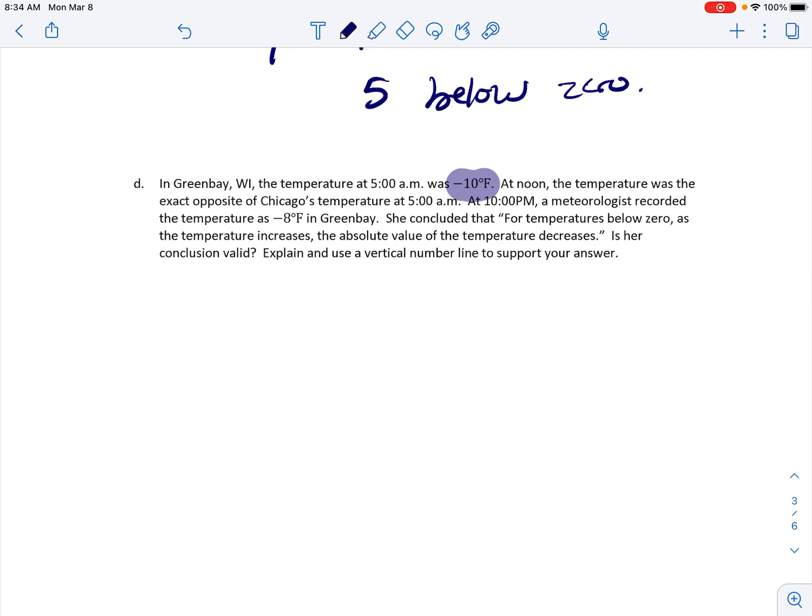Okay, so at 5 a.m. in Chicago, it was 9 degrees, so the opposite is -9. So we have -10, -9, and -8. Okay? So I'm going to go ahead and make a number line.